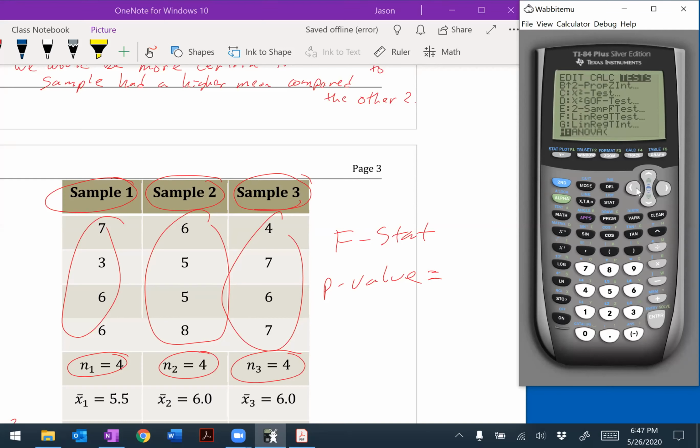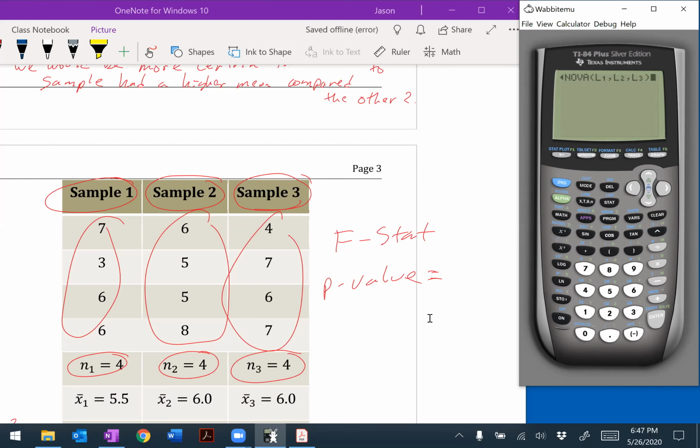So instead of going all the way down to ANOVA, I'm going to click up, and that's going to be ANOVA. And then it's going to say ANOVA on what? What do we want to do ANOVA on? I just have to list the lists that I want to compare. So I want to compare L1, comma, L2, comma, L3, and I want to compare those.